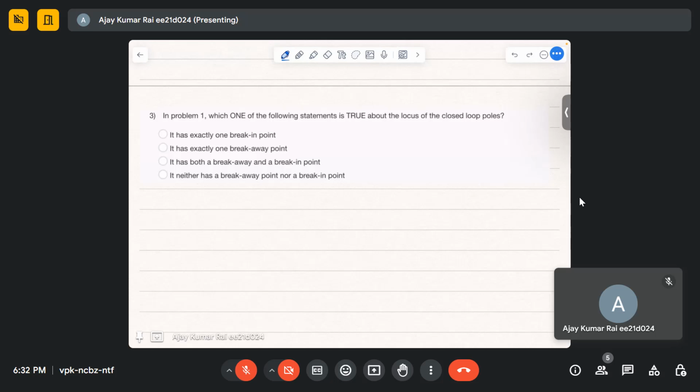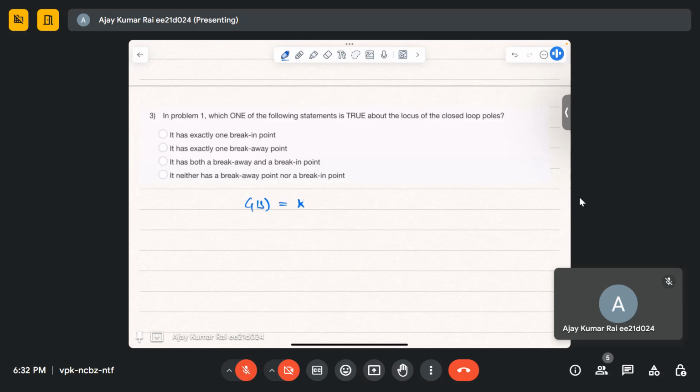Next question. In problem 1, which one of the following statements is true about the locus of closed loop poles? Now if you see the options, it's asking about the breakaway and break-in points. So let's see whether a break-in or breakaway point exists or not.